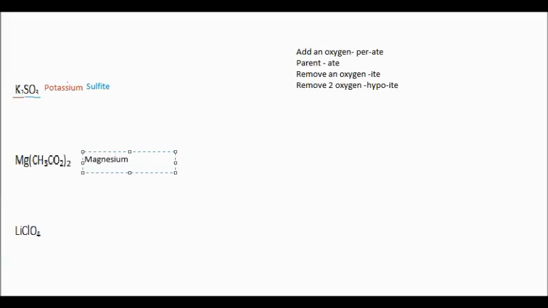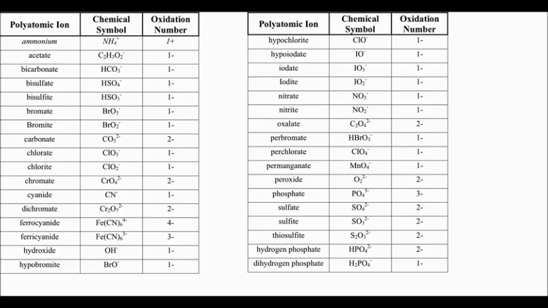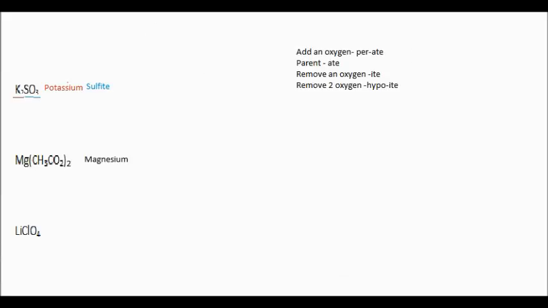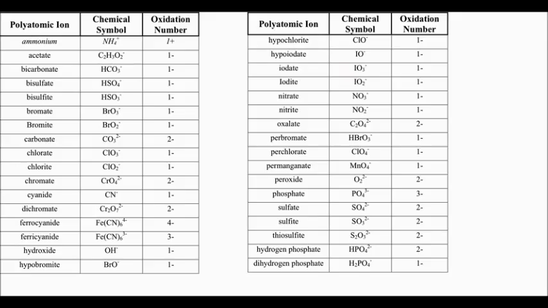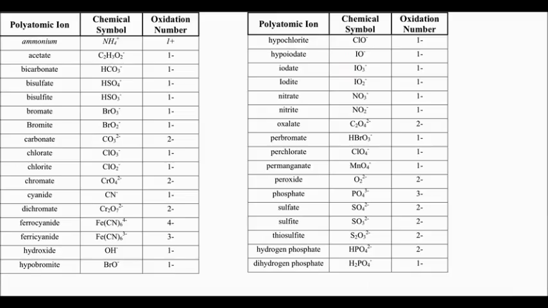And then we have to look for this parent polyatomic ion. So we'll look at our chart, and we don't see it exactly like CH3CO2. We won't even see this 2, because that's just multiplying. That doesn't have anything to do with the basic polyatomic ion. It just means in this formula they combine in a ratio of 1 magnesium to 2 of these, which is acetate. Now we look at our table, we see C2H3O2, and that looks a little bit different than CH3CO2, but it's the same thing, because here we have C2.